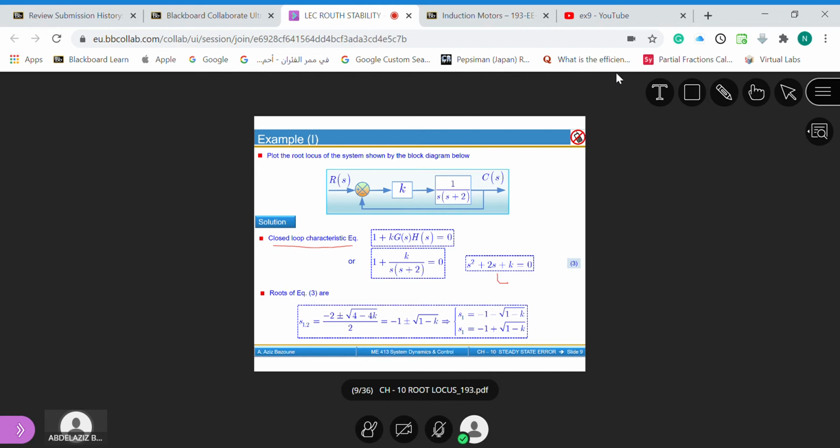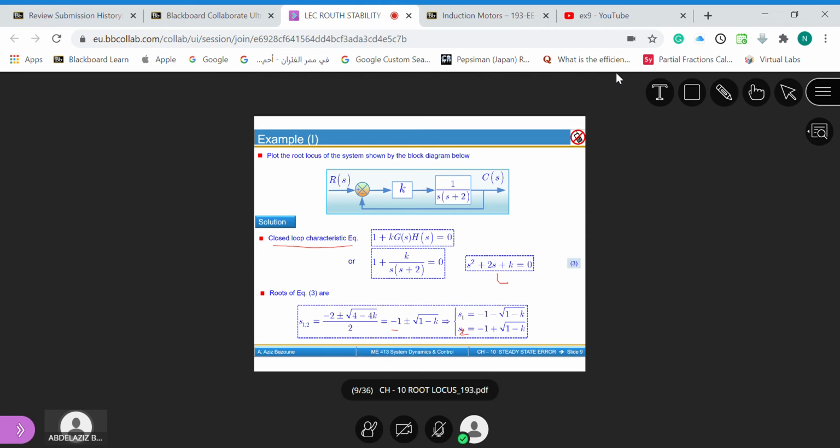So the poles S1,2 will be -1 plus or minus the square root of 1 minus K. This is very easy to solve. Now we will see how S varies by varying these two poles.